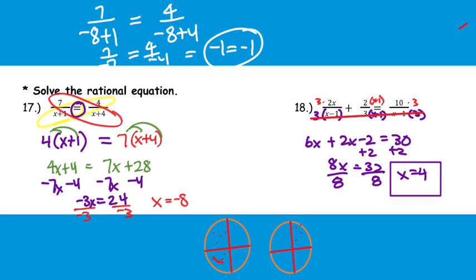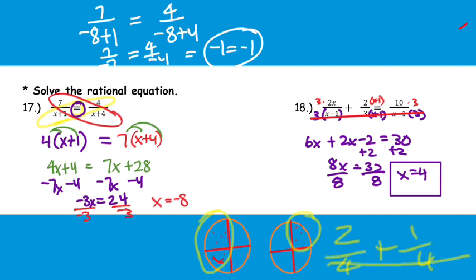It looks like I have 3/4 of a pizza, but that's not what he's asking me. He's asking me, how many slices do we have left to sell? And there's 2 from here and 1 from here, giving me a total of 3 slices. And that's why when I have my denominator, I no longer need it, because we're asking for the slices.